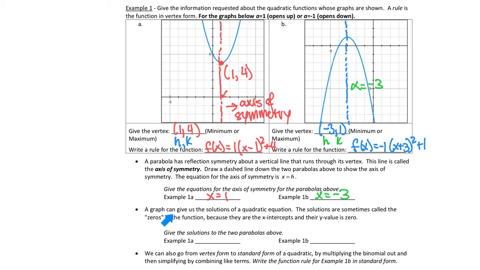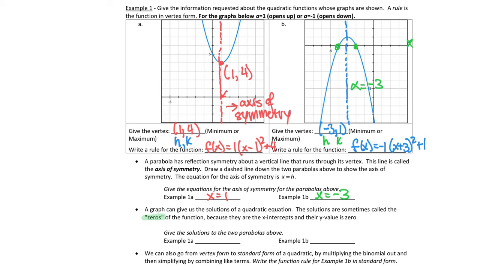For the next part, it says the graph can give us the solution of a quadratic equation. The solutions are sometimes called the zeros of the function. And the reason these are called the zeros is because they are where they cross the x-axis. Okay, so I'm actually going to go with example B here first, and I'm going to put 2 points.